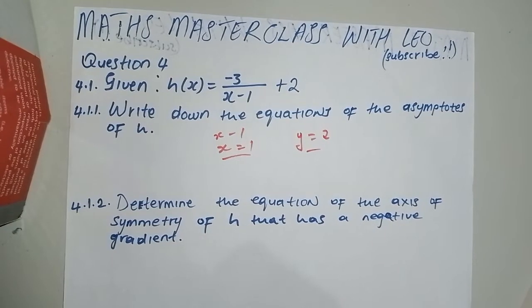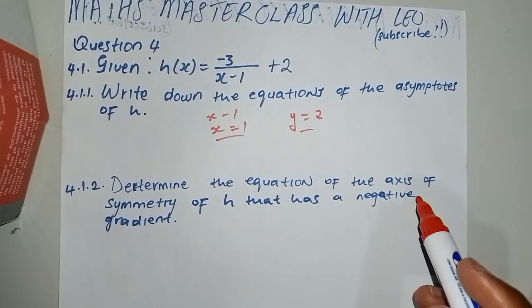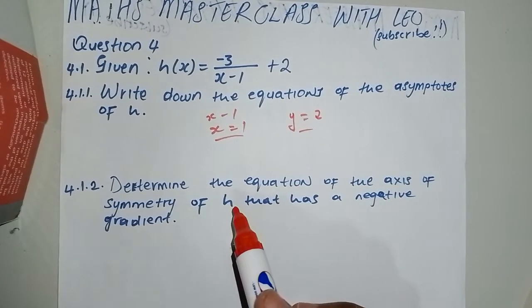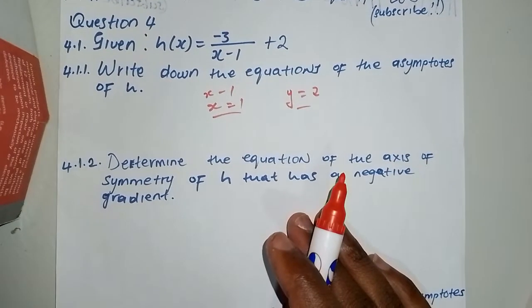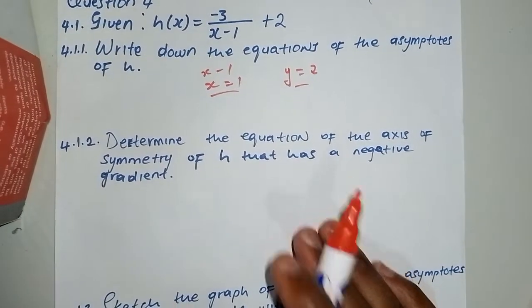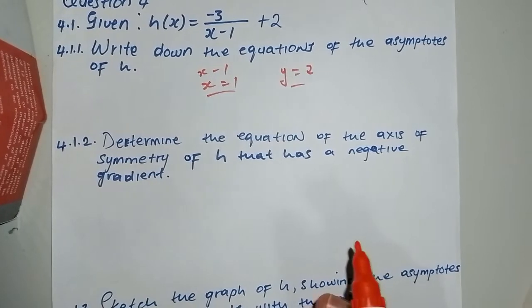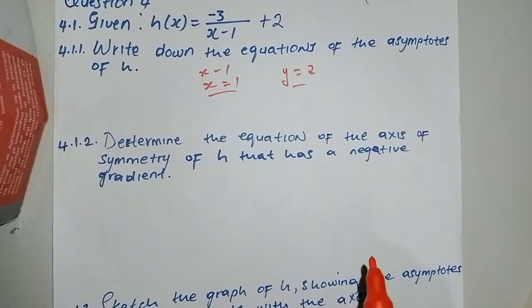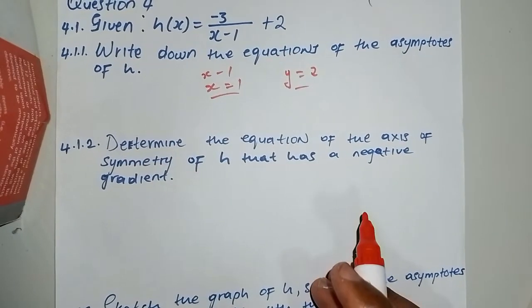The next question says determine the equation of the axis of symmetry of h that has a negative gradient. Remember what I said about these things. We did this in our previous class, about hyperbolic and exponential functions, which is lesson 13.